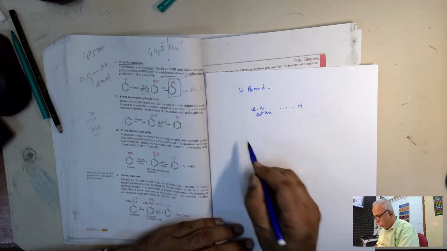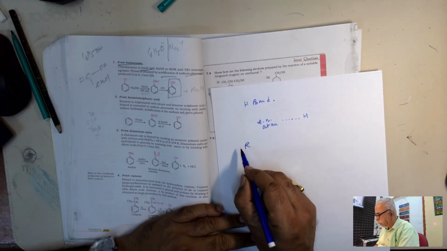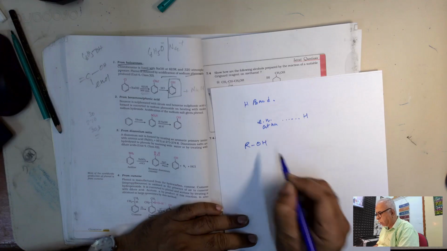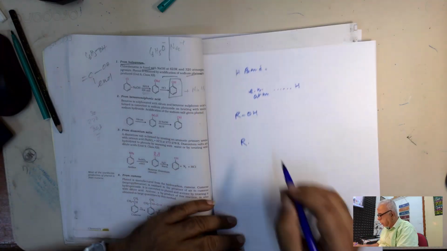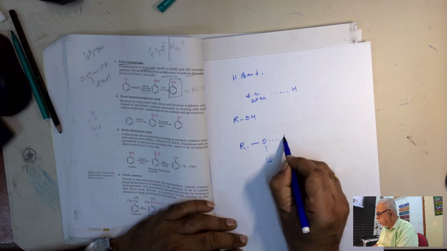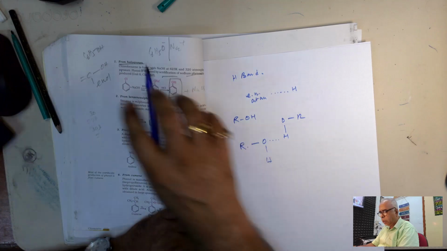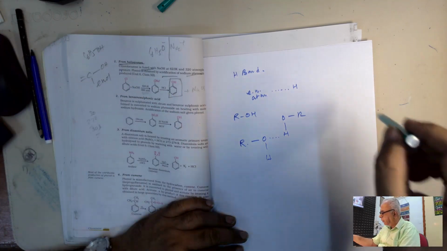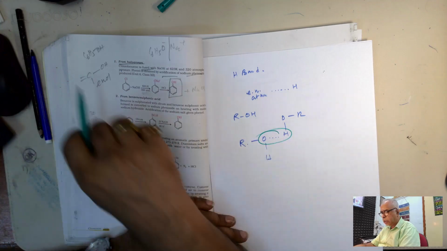In the case of alcohol, let us say CH3OH, or you can simply put ROH, it is R, O, H, and once again H, O, R. Likewise, you can find the intermolecular hydrogen bonding, and that is responsible for the high boiling point.